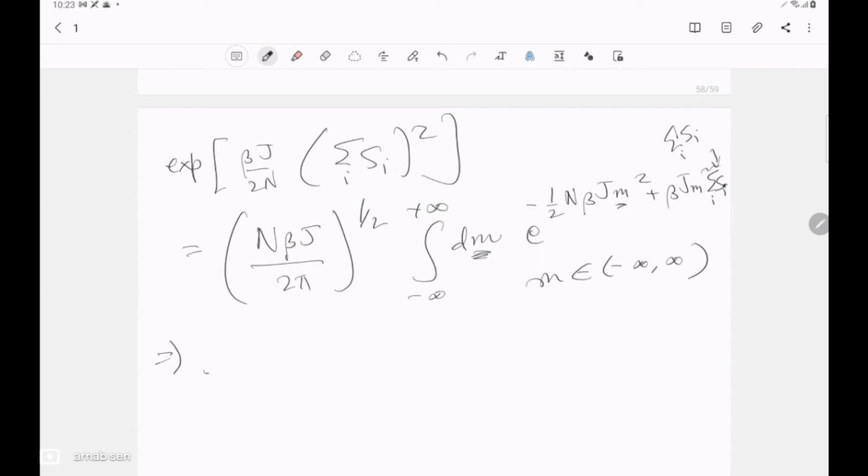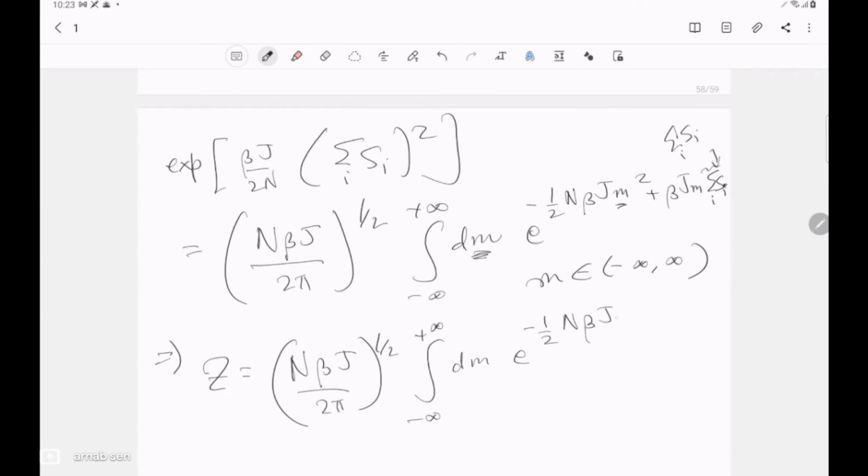Because then the partition function can be written like this. Let me try to write it clearly.